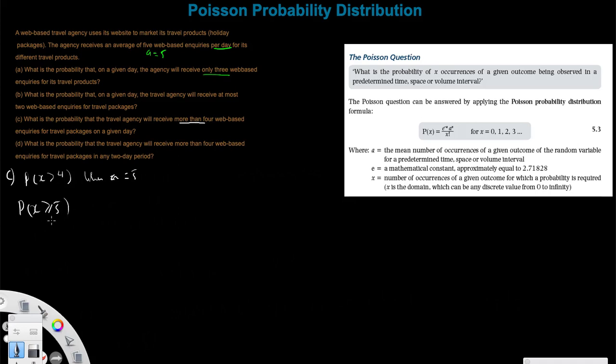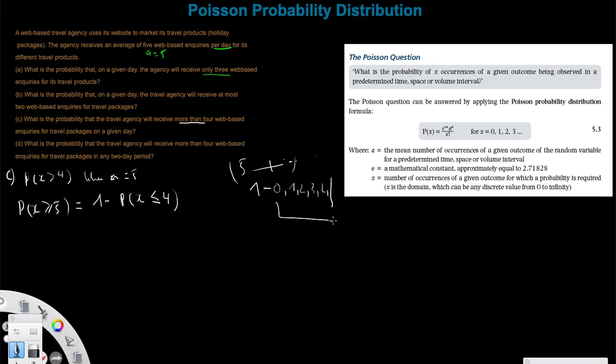By our complementary rule, that means it's 1 minus the probability of X less than or equal to 4. Remember they told us above 4, so starting from 5 plus, but because we don't know where to stop, we'll rather do 1 minus the probability of 0, 1, 2, 3, and 4.